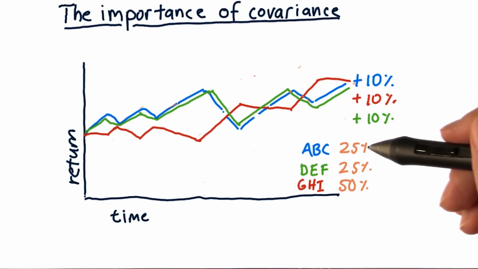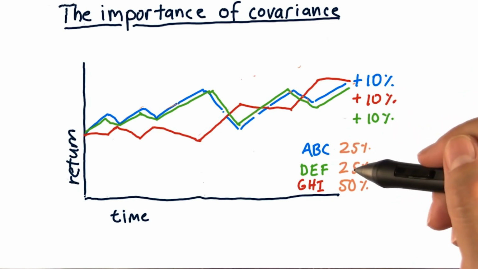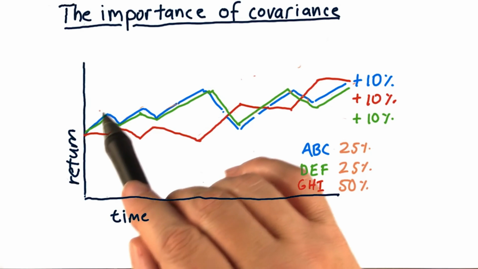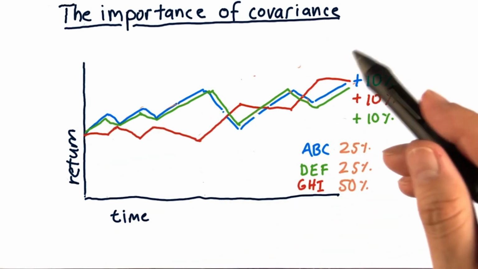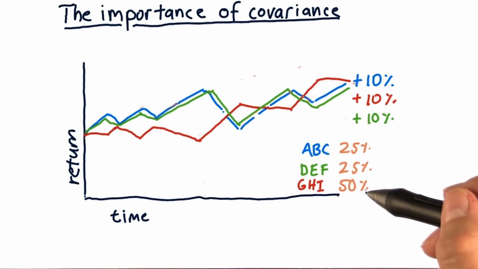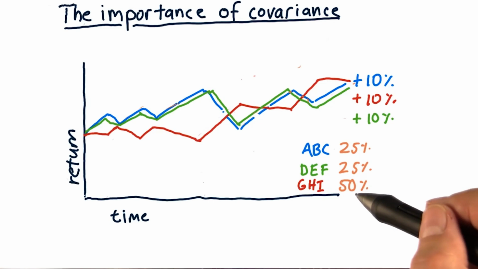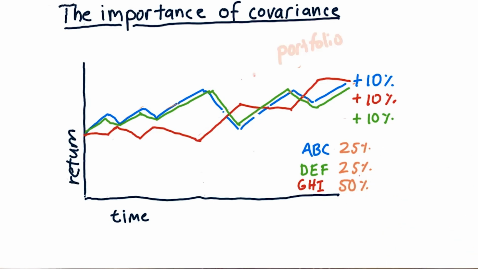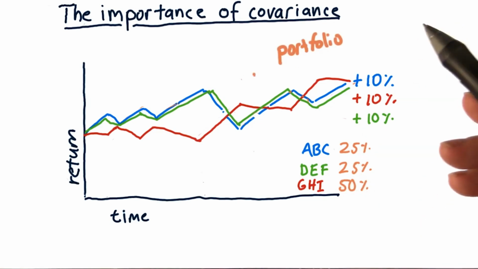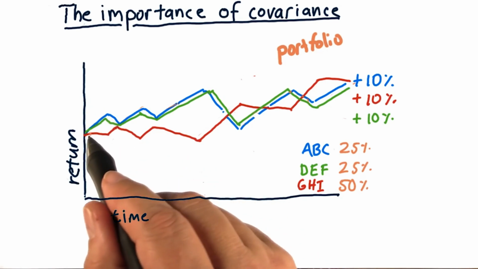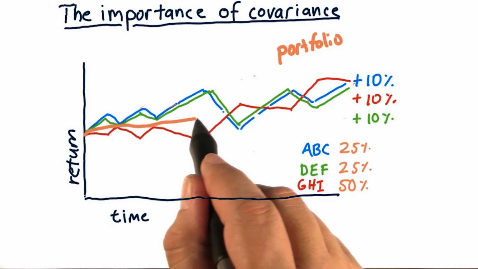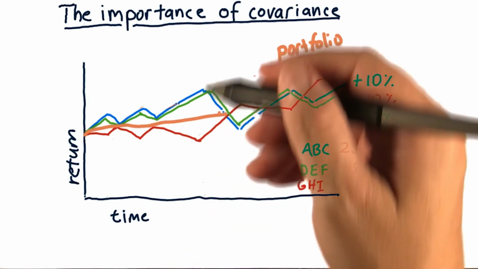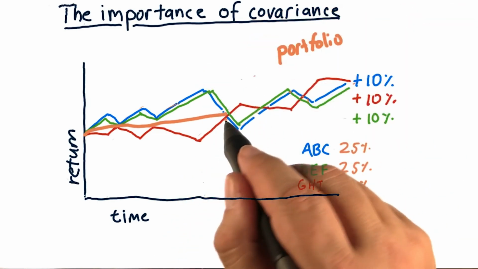What if we take 25% of ABC, 25% of DEF, so that's going to give us this same motion that we saw here when we combine those two, but we put the rest of it in GHI. So now we're combining an anti-correlated asset with these other two. What's this portfolio going to look like? Well, it's going to be a nice blend of them with very low volatility, because when one zigs, the other zags.